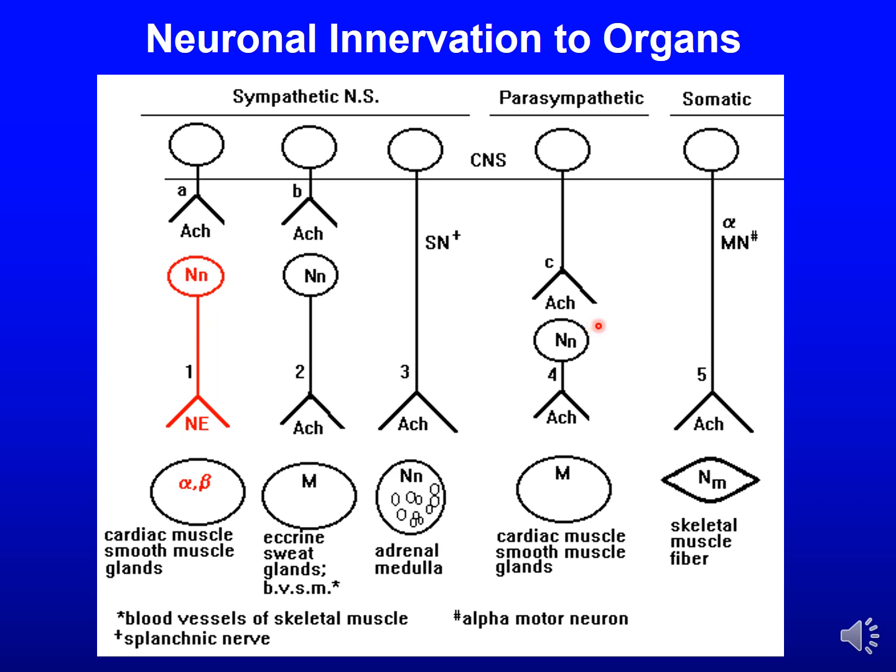For the final slide for this presentation, this slide also summarizes everything we talked about. So for the somatic nervous system, which is responsible for sending neurons into the skeletal muscles, the neurotransmitter between the neuron and the muscle, or what's called the neuromuscular junction, is acetylcholine. It binds to nicotinic receptors on the skeletal muscle.